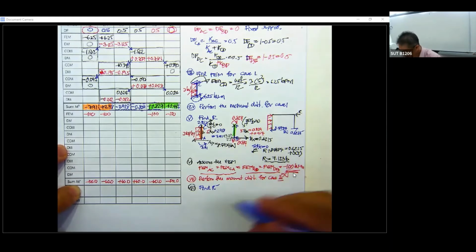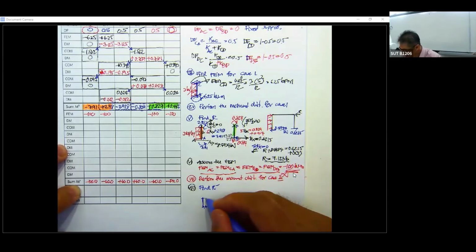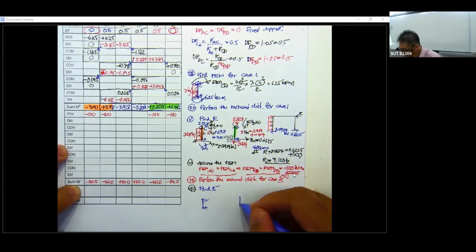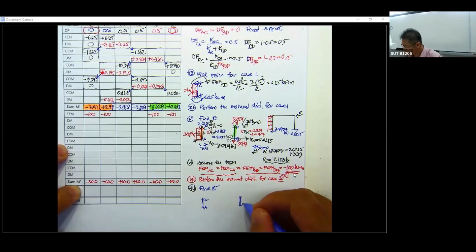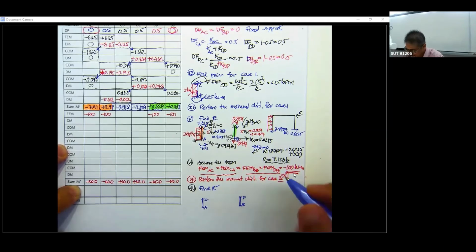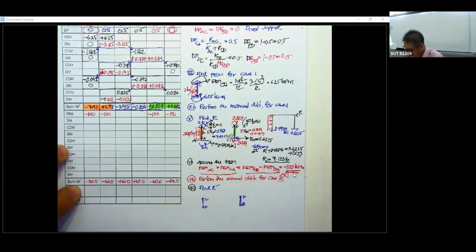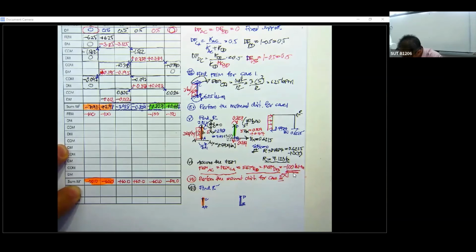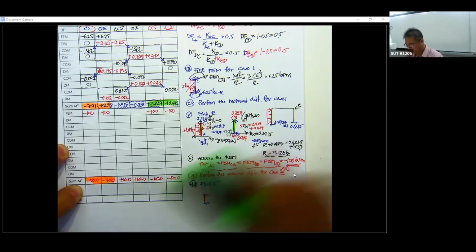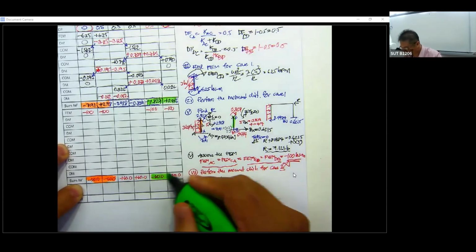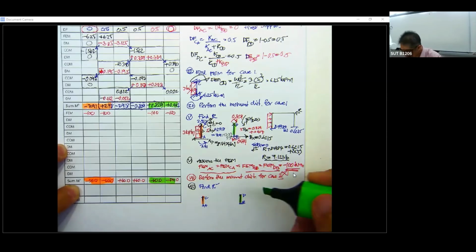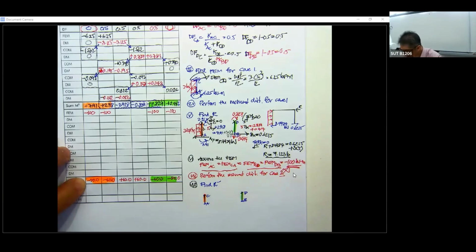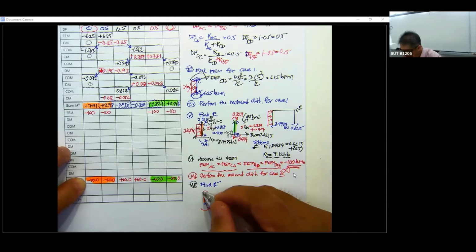You have this column A and C, and you have this column B and D, and now you take the moment of this into this portion, and all of them negative 80. That is going to be negative 80, and negative 60.